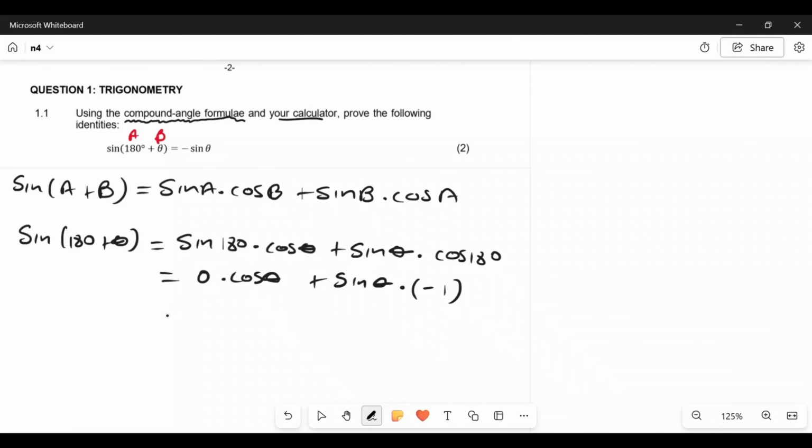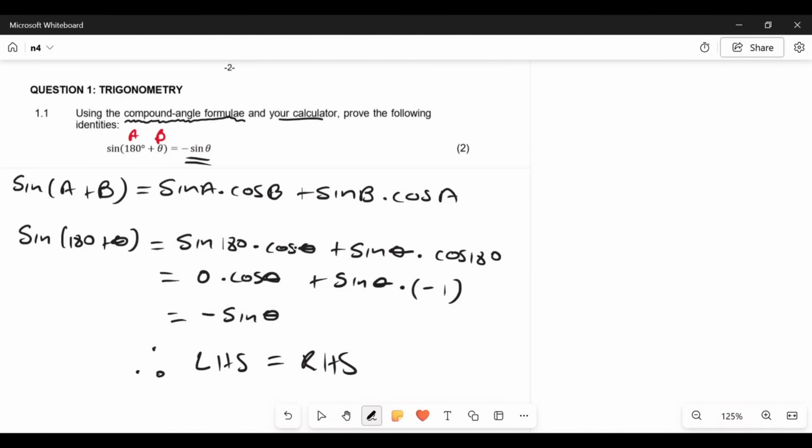So if you continue, the first term is 0, and the second term is sine theta multiplied by negative 1. So our final answer is going to be negative sine theta. Therefore, we can say the left-hand side is equal to the right-hand side, because the right-hand side from the question is equal to negative sine theta.